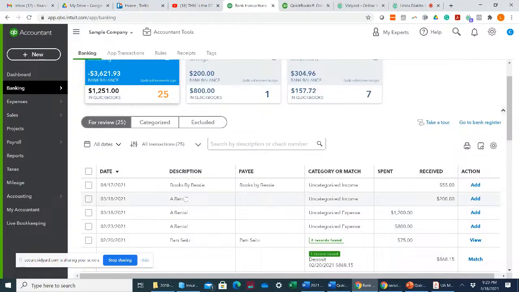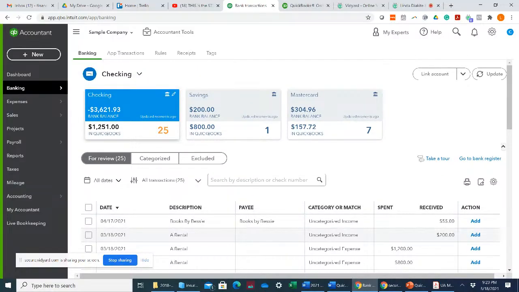So transfers is basically, as the word says, moving money across accounts. And I know there was a question in one of the classes regarding credit cards. Would you just do a transfer or would you do a credit card payment? And I know we just talked about credit card.